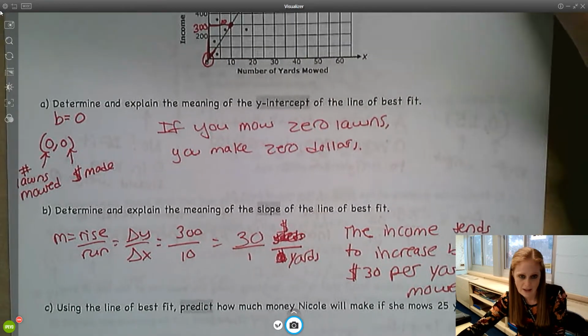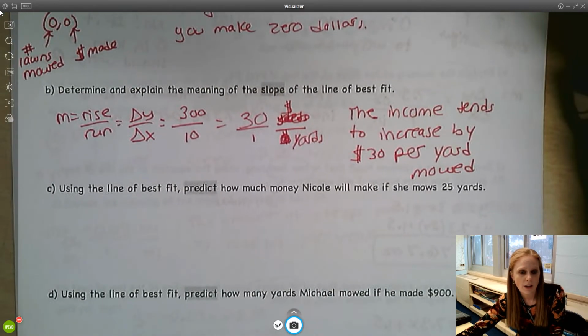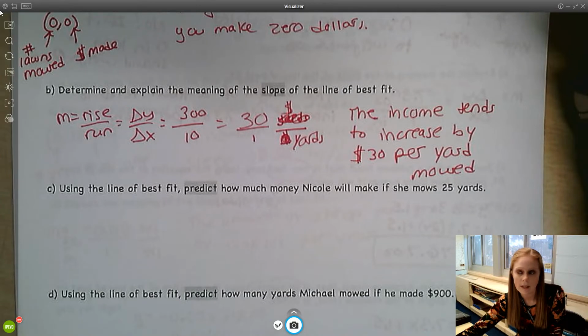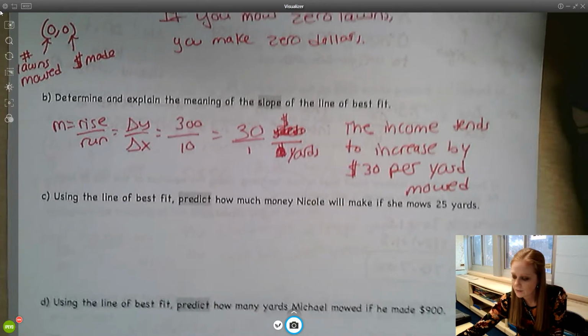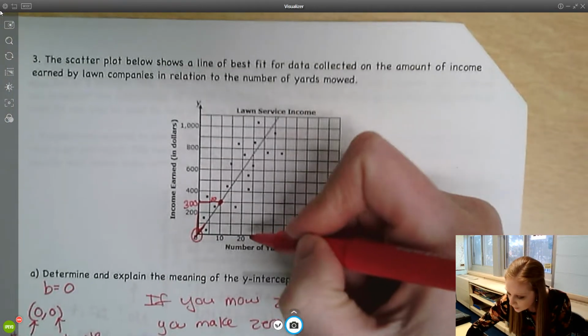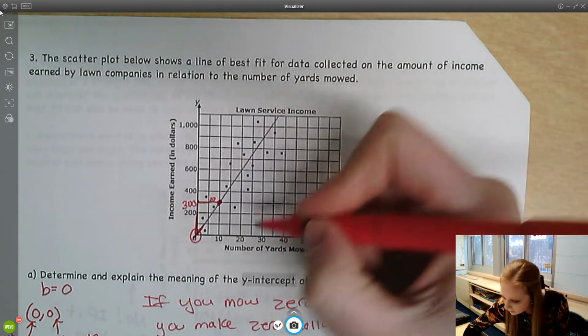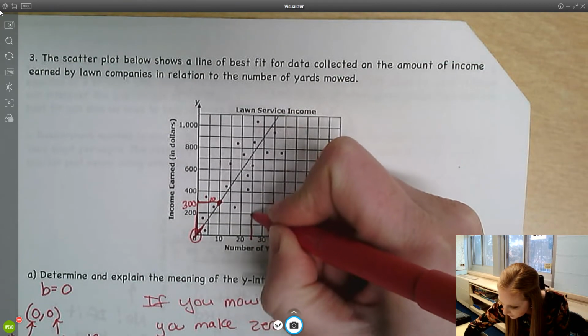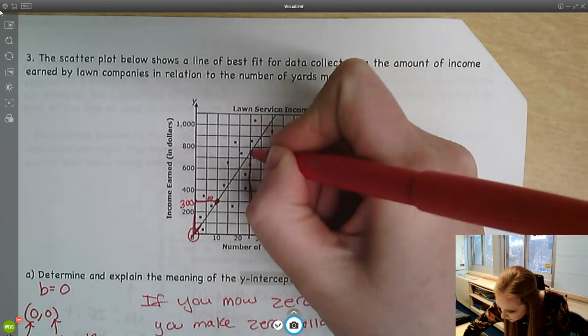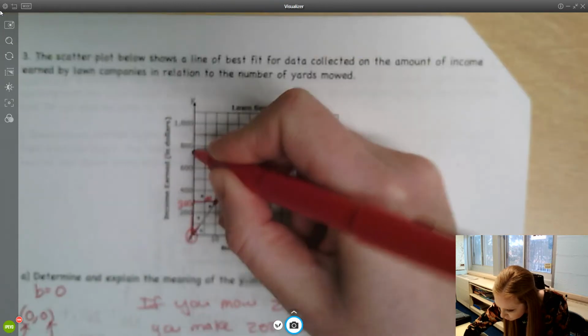That's the trend. Using the line of best fit, predict how much money Nicole will make if she mows 25 yards. Okay, so this one we could just use the graph. 25 yards would be right here in between 20 and 30. The predictor line looks like it's right about here.